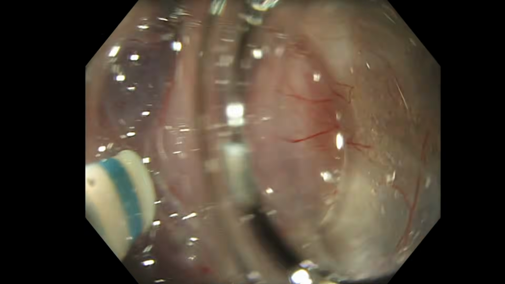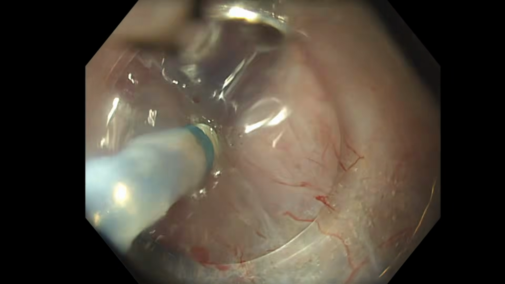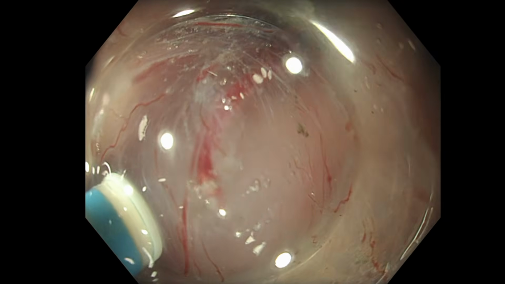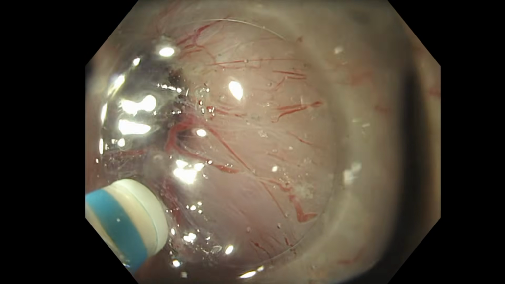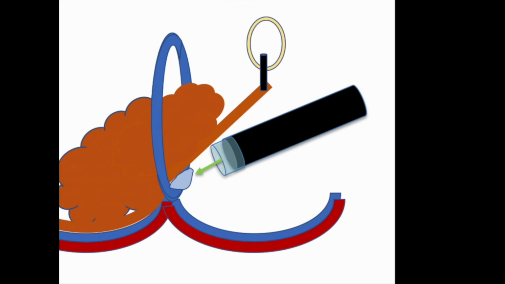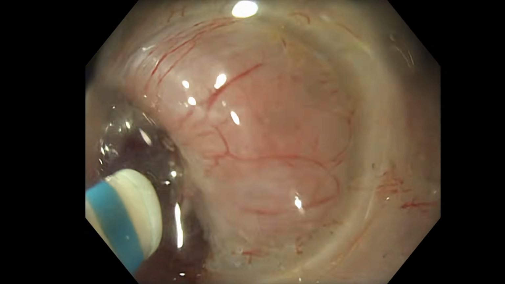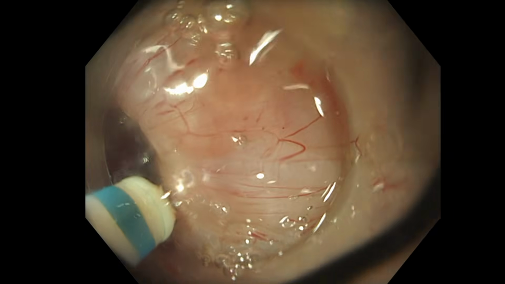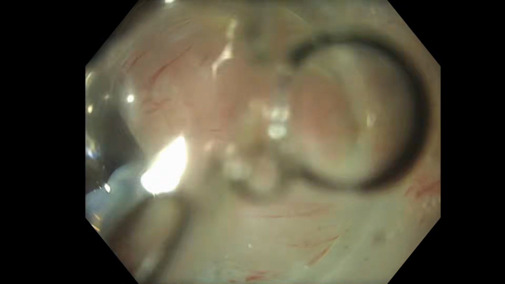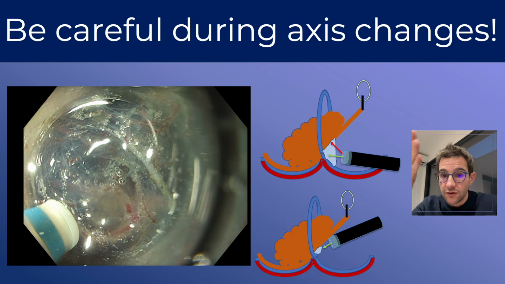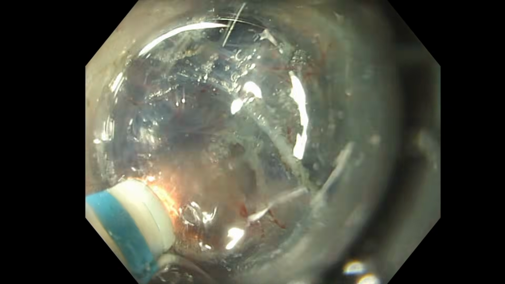Once you clearly see the pylorus, you should not go straight for your ESD, but try to have the tip of the knife going in the opposite side, I mean downward, in the second part of the pylorus. This is the downhill of the mountain, because if you go straight, you will touch the specimen.